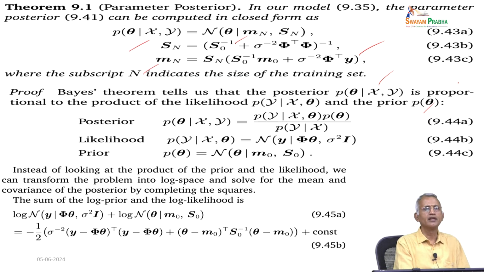So, the posterior by Bayes theorem is p of theta given x comma y equal to p of y given x comma theta into p of theta by p of y given x, which is 44a. The likelihood p of y given x comma theta is N of y given phi theta comma sigma squared I, denoted by 44b, and the prior is p of theta equal to N of m naught comma S naught, which is 44c.